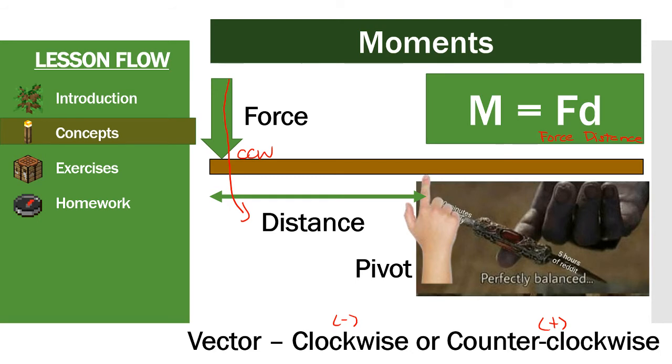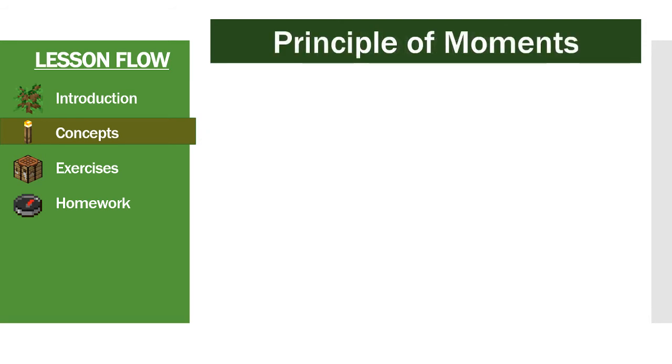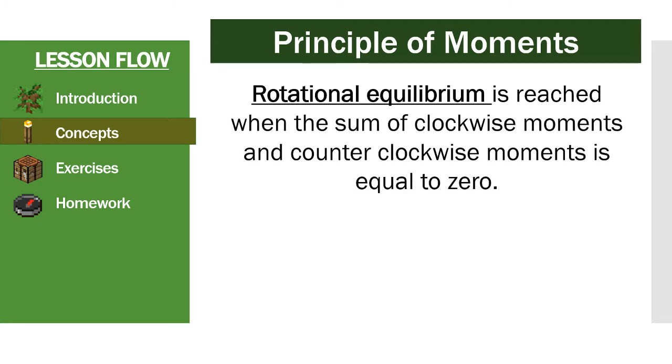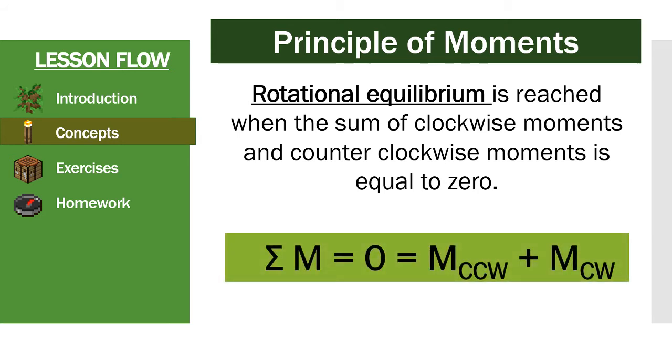Now when we talk about the principle of moments and when we're trying to balance everything out, rotational equilibrium is reached when the sum of clockwise moments and counterclockwise moments is equal to zero. So this is just a way to word this very simple equation, which is the sum of moments is equal to zero. So when clockwise and counterclockwise are equal, then that means that we have rotational equilibrium.